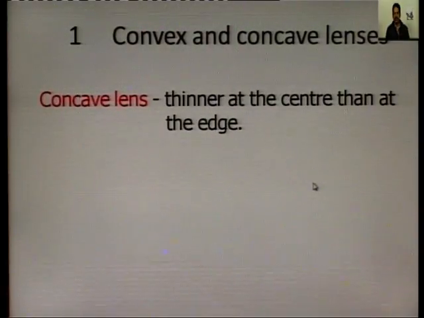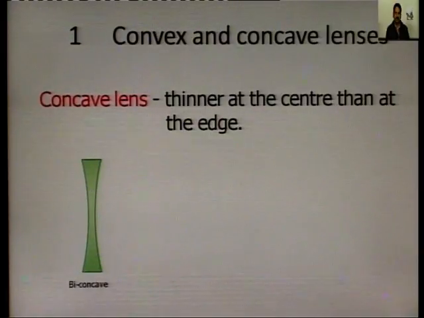Concave lens. A concave lens is thinner at the center than at the edge. This concave lens is a biconcave lens. Both surfaces are spherical, and as you can see in the diagram, the center of the concave lens is thinner and the edges are thick.